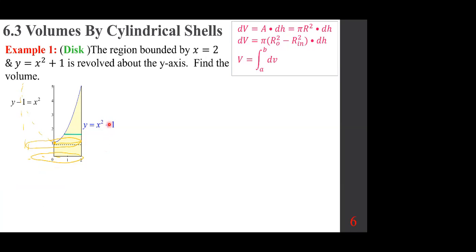So you take the 1 to the other side and it becomes y minus 1, and x becomes square root of y minus 1. So we're going to split this into two parts.